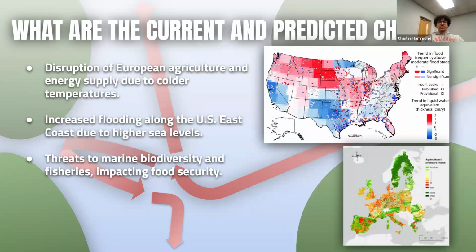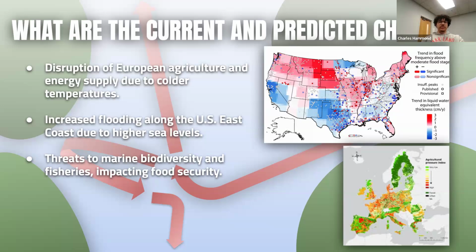Let's now focus on specific real-world consequences. In Europe, colder winters could strain agriculture and energy systems. Crops that once thrived in temperate climates might struggle while heating demands would increase, putting pressure on energy grids. In the US, especially along the East Coast, sea level rise driven by AMOC weakening is expected to cause more frequent flooding, including sunny day floods unrelated to storms.